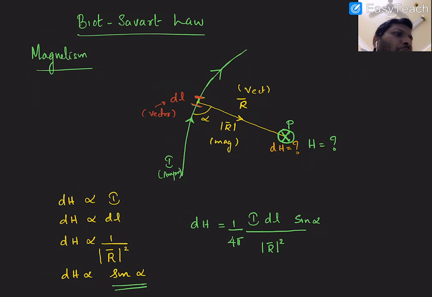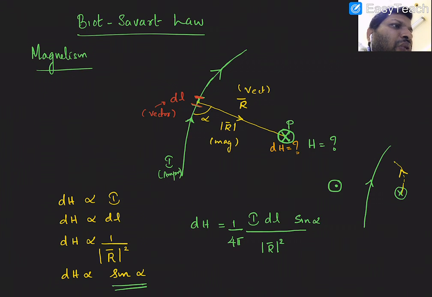So I will draw in a different way here now. It is going into the screen, and if you point your other fingers, you can see that they will be coming out on the left side. So on the right side it is going into the screen, and on the left side it is coming out of the screen.